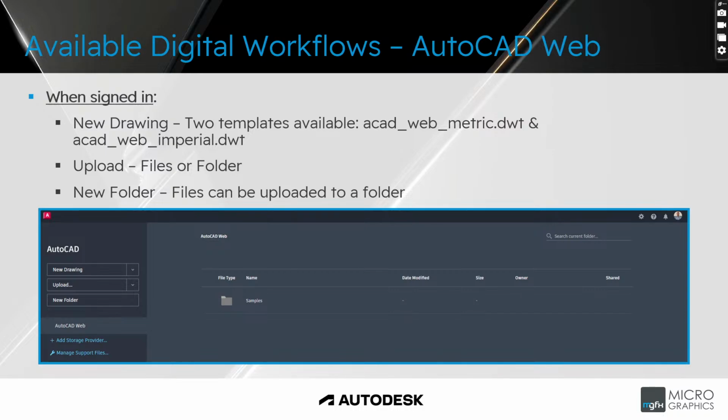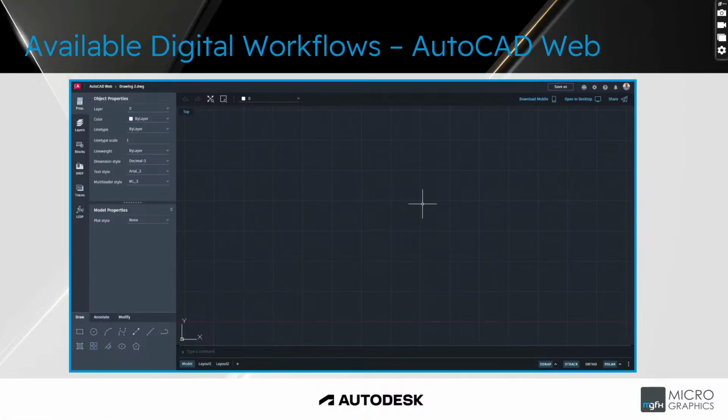And here's the interface when you've just signed in to AutoCAD on web. Once you've clicked on a new drawing, this is what the standard interface looks like. And then we'll be going through some of the changes you can make and the available functions within AutoCAD on the web.